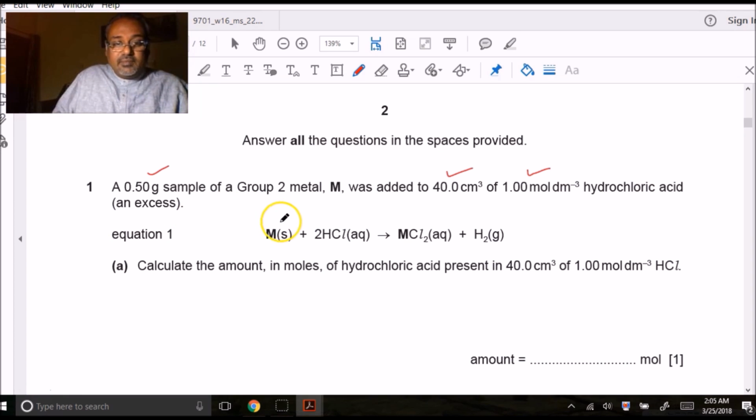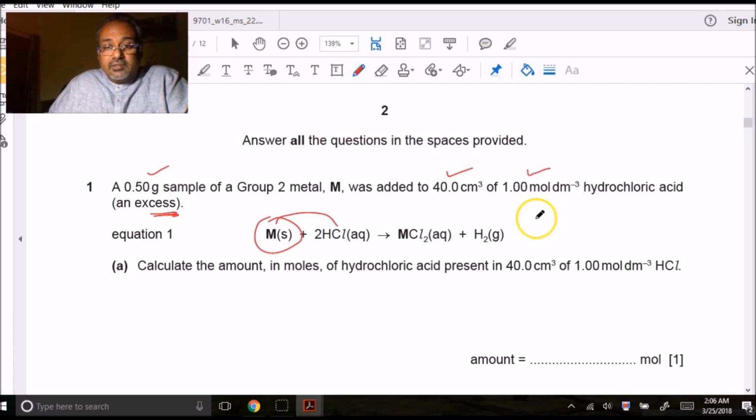We've also been given a mole ratio between the metal and the acid. You must also note that they clearly said the acid is in excess. Don't forget, if the acid is in excess, then the metal M is the limiting reagent, the one controlling the whole reaction, which means the amount of gas produced depends on the M present here.